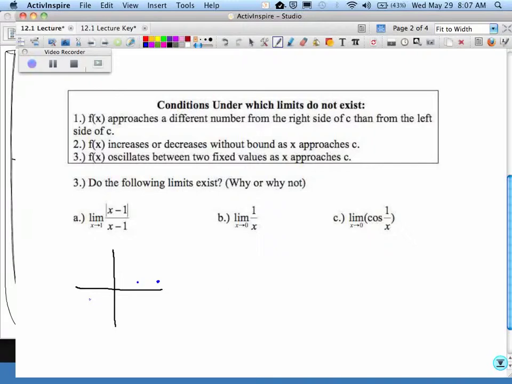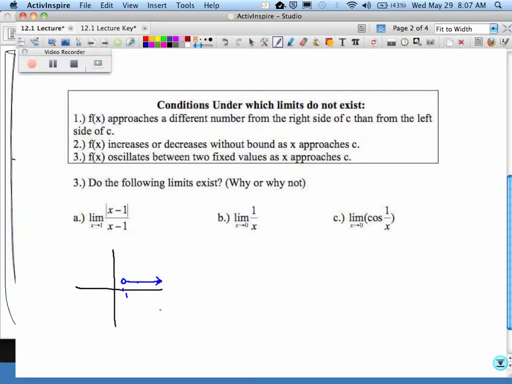What happens when you plug in 1? Undefined. So as you plug in numbers on the right-hand side, the positive side of 1, like 10, 9, 8, you get a 1, a 1, a 1, all the way across. When you plug in numbers on the left-hand side of 1, like negative 10, minus 1 is negative 11.